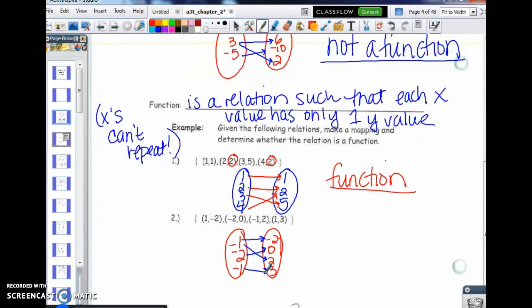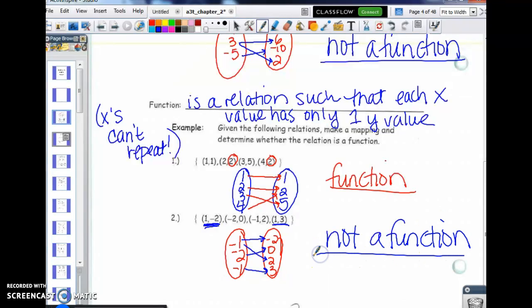We see here that +1 is going to both -2 and 3. So our x's do repeat here, so this is not a function. Okay, let's look at the next page.